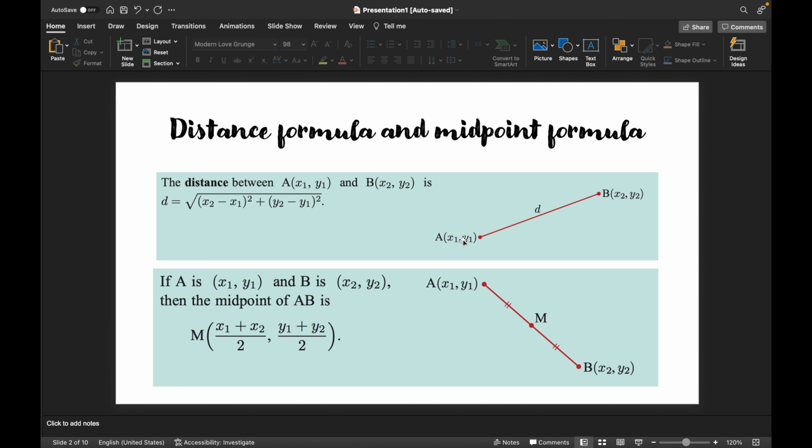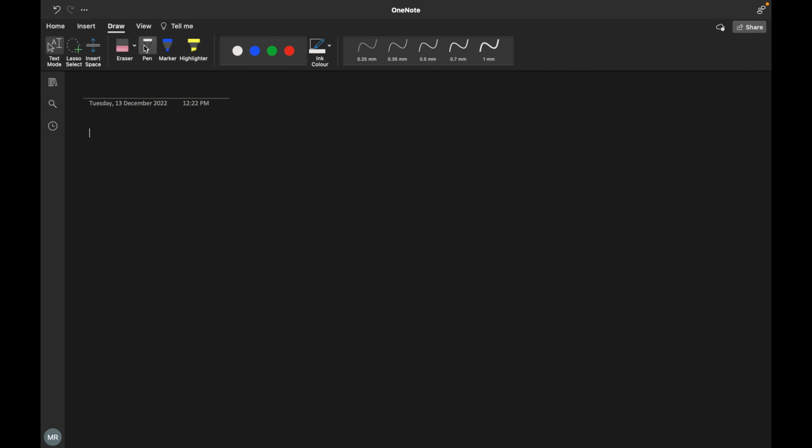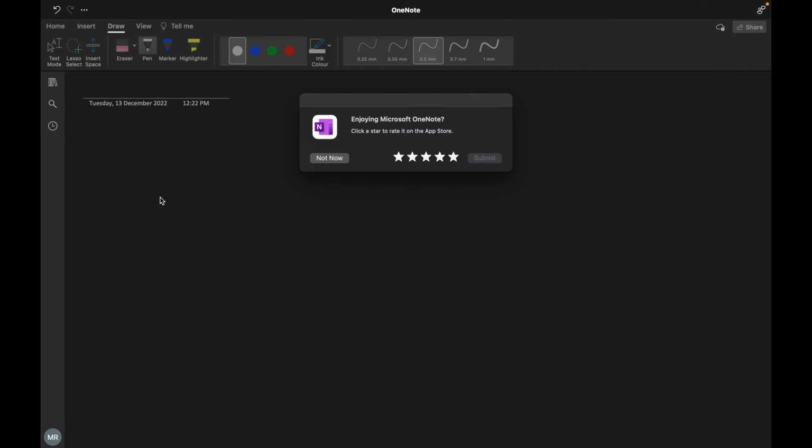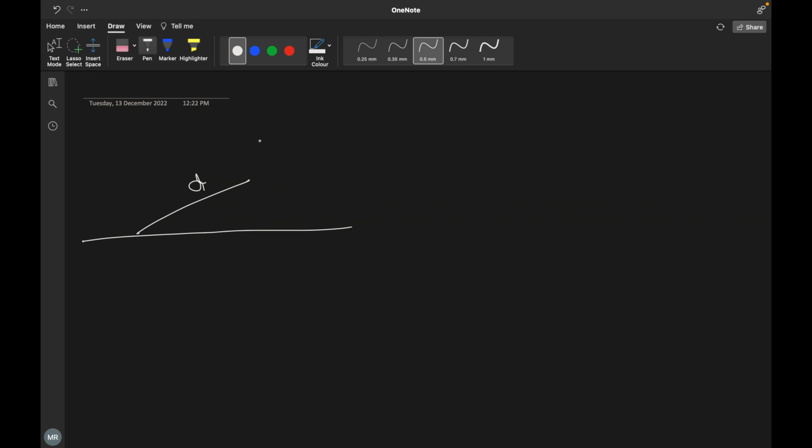Okay, let's actually derive this. So let's say this is d, and let's draw the x and y axis. So what would this be? This would be the x, right?